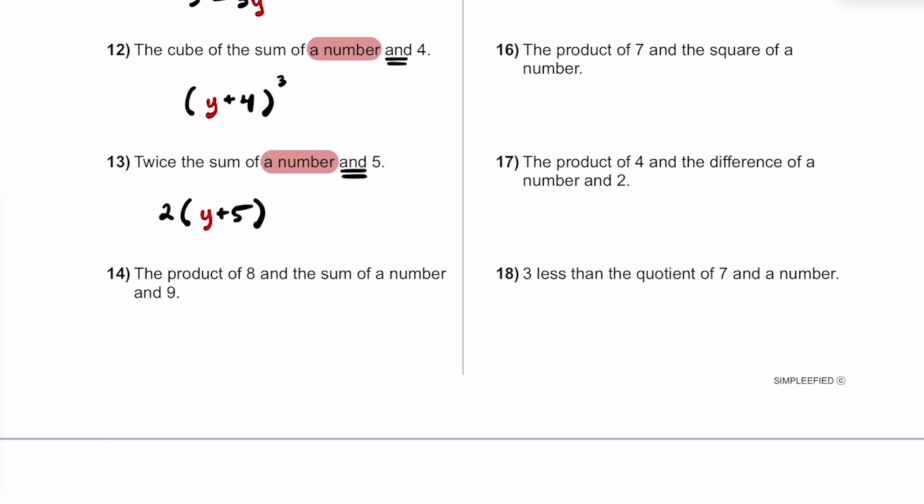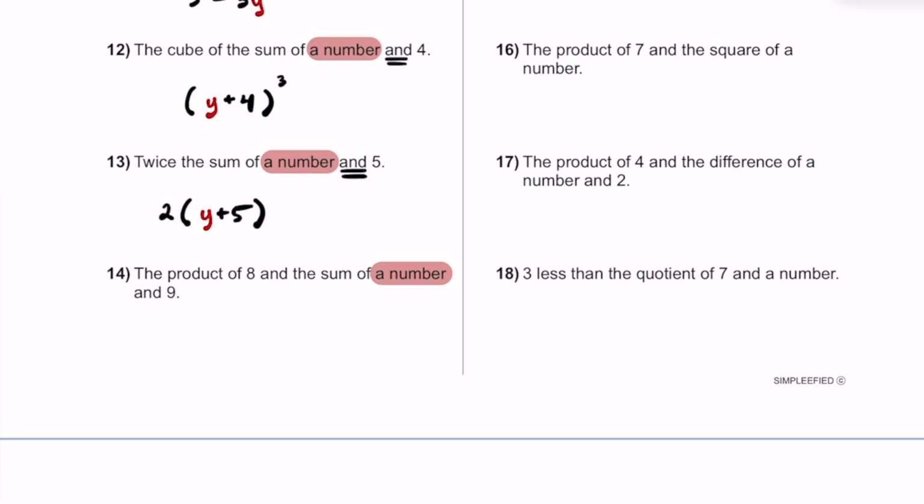So in number 14, we have the product of 8 and the sum of a number and 9. So we have a number right over here. And what do we have? We have the product of 8 and the sum of a number and 9. There are 2 ands here, but I'm always going to take care of the addition or subtraction first, because if we set it up that way, then we can group things as necessary. So we know we're multiplying 8 by something, but what is that something?